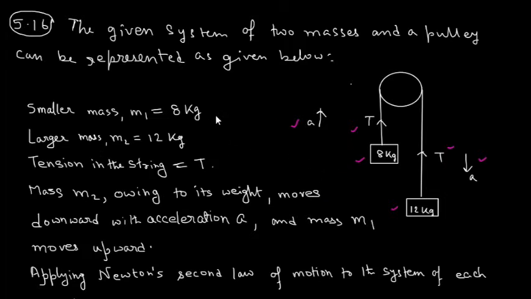So smaller mass m1 is equal to 8 kg, larger mass m2 is equal to 12 kg. Tension in the string T, mass m2, owing to its weight, moves downward with acceleration a, and mass m1 moves upward.